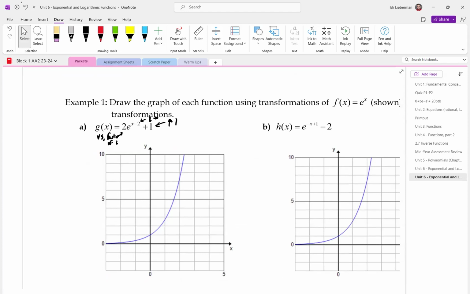For B, don't fall for the trick. The common error. Yeah, there it is. This one's going to be it. Outside changes. That change.